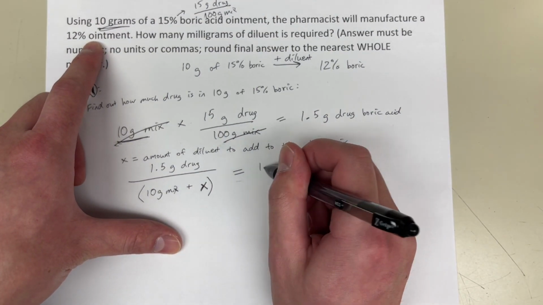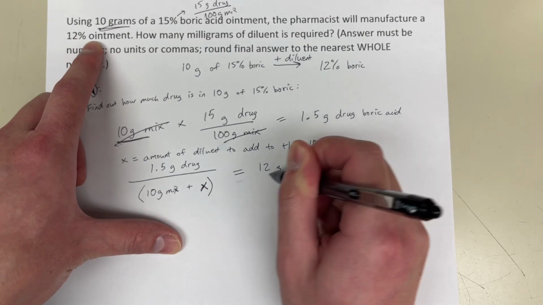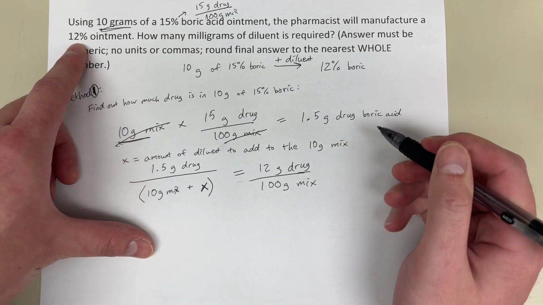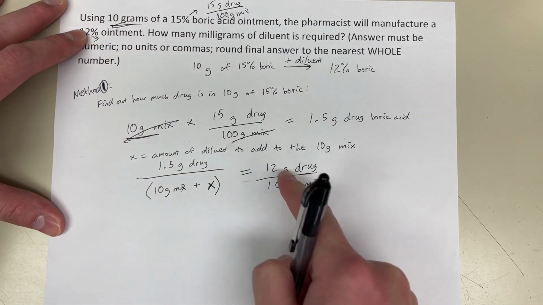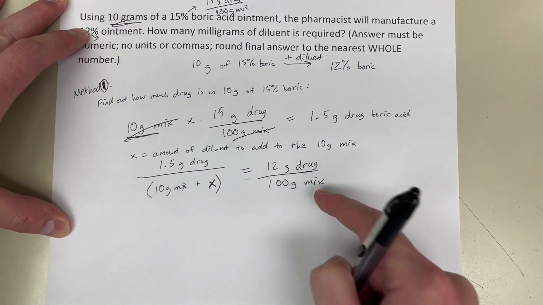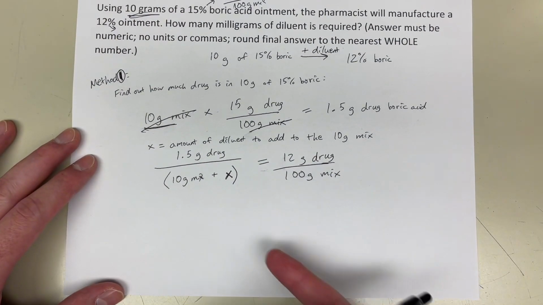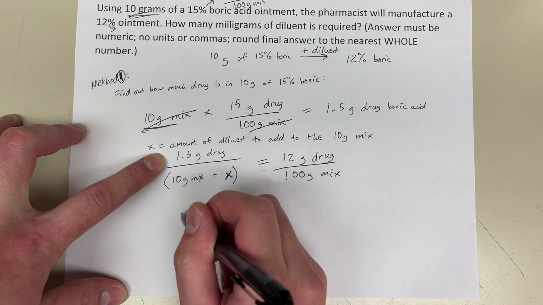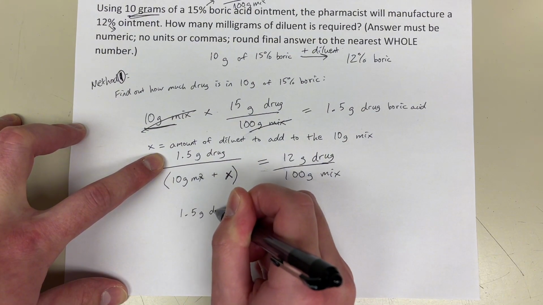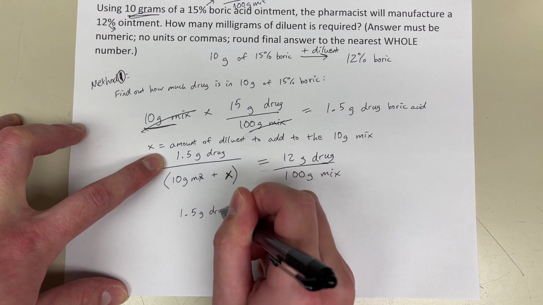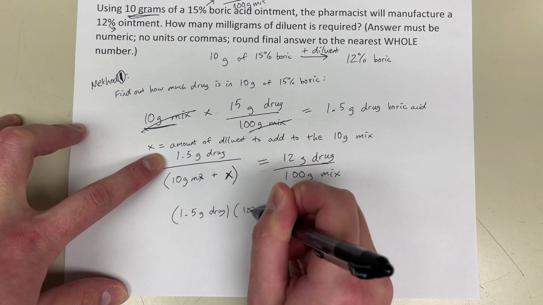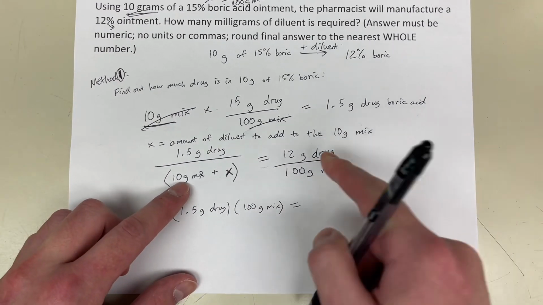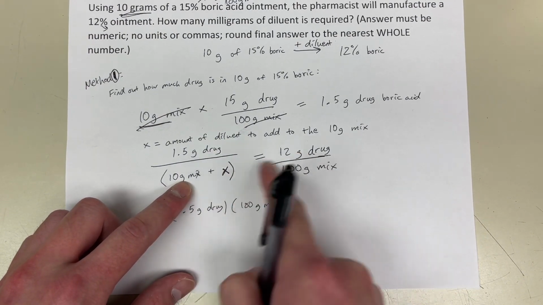So 12% is the same thing as saying 12 grams of drug over 100 grams of the mixture, right? That's what 12% is. And then you just use algebra to solve for x. So I'm just going to cross multiply 1.5 times 100, and set that equal to cross multiplying these two together.